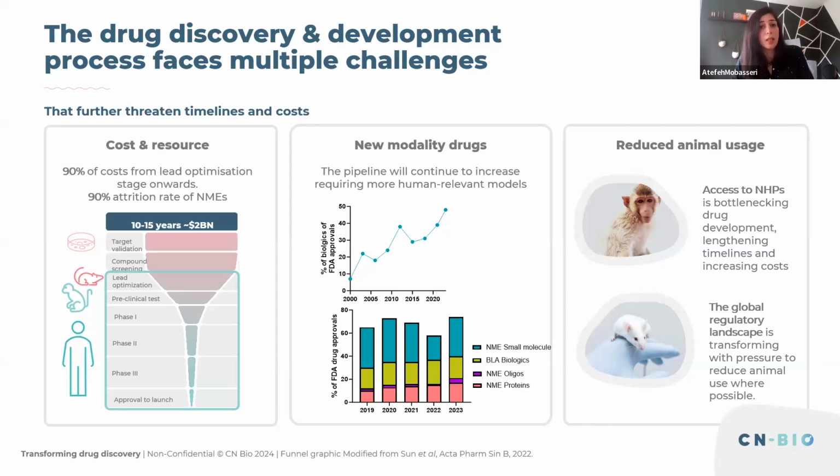And ethically, we all know that we need to reduce animal usage. There is a change in the global and regulatory landscape to transform the way that we use animal models. There's pressure on companies and pharma to reduce animal use and also to design their animal models, when necessary, better and more efficiently.